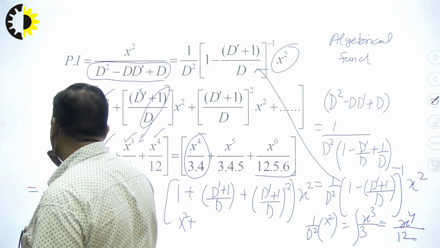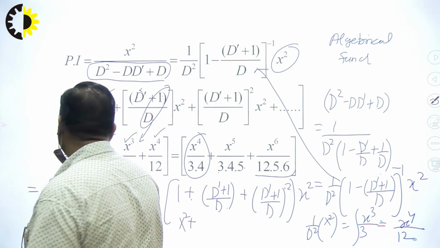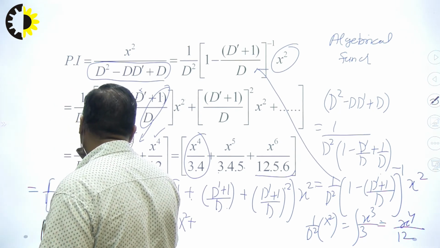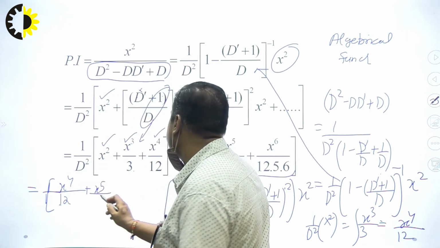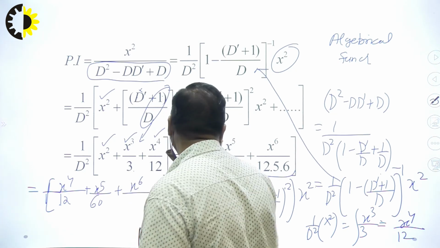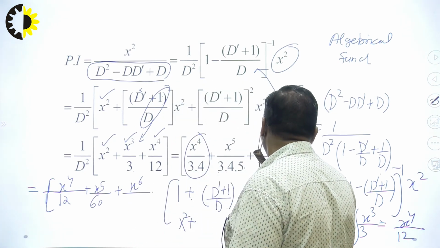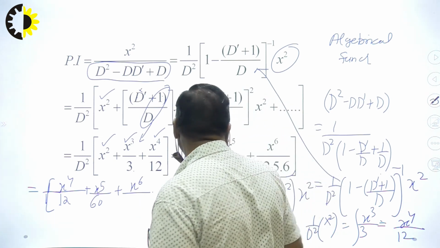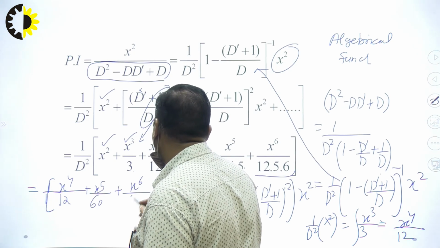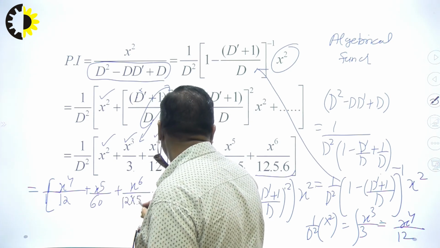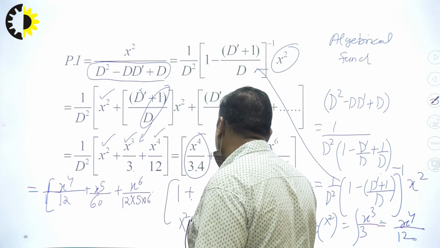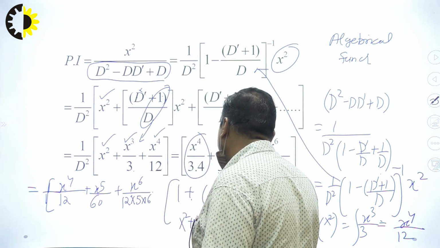That means with 2 times integration, the terms become x power 4 upon 12 plus x power 5 upon 60 plus x power 6 upon 60. 5 30 60, 12 into 5 into 6, 5 30, 30 into 12, 360.